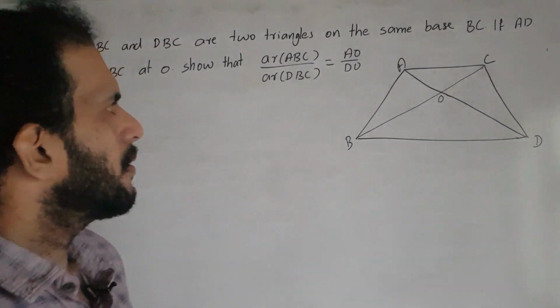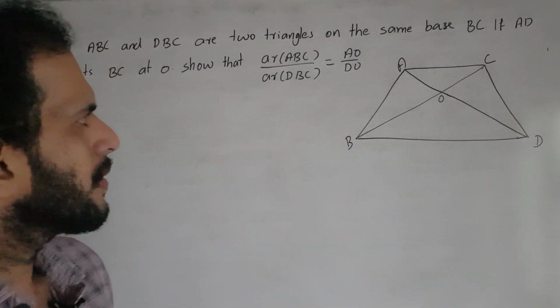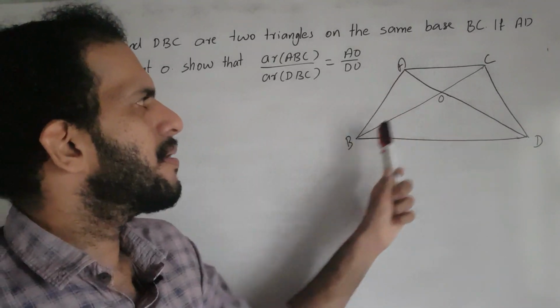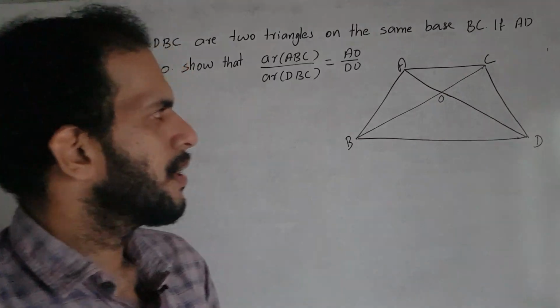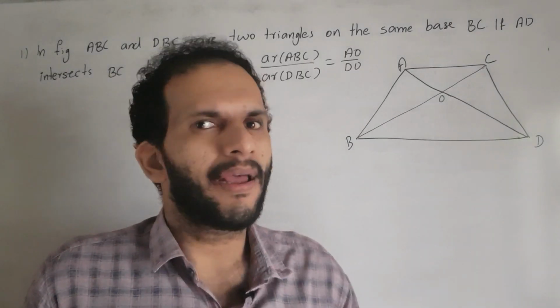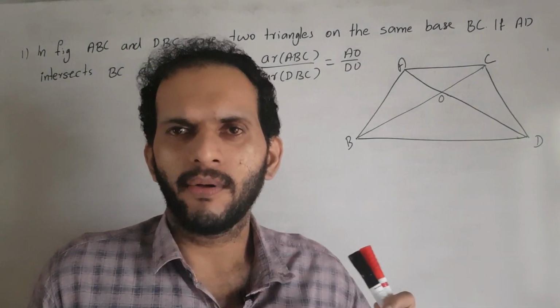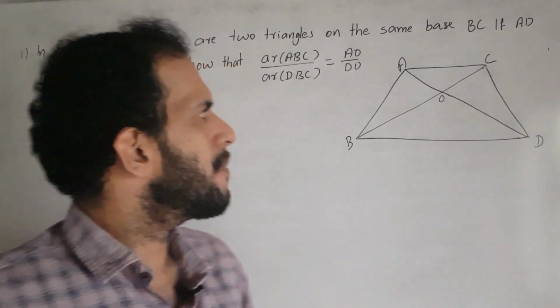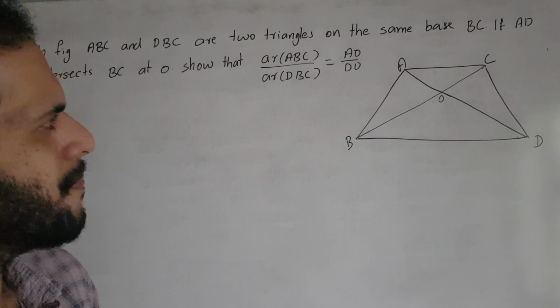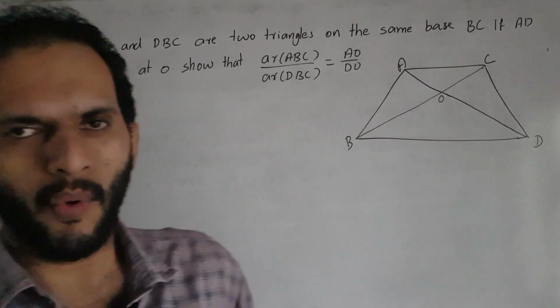What are the triangles? Triangle ABC and DBC. It is not given that the triangles are similar, so the first step is we want to prove triangle ABC and triangle DBC are similar. Why?